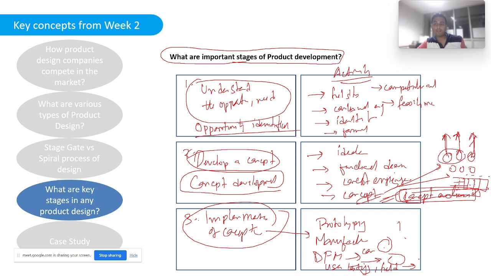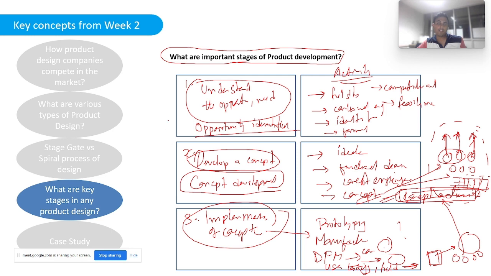But at the implementation phase, when you actually choose one product and develop something, you also need to verify whether the things you assumed at the conceptual level actually worked or not. You need to do user testing, and if you find that something is not working, then you need to go back and change it at the concept level.